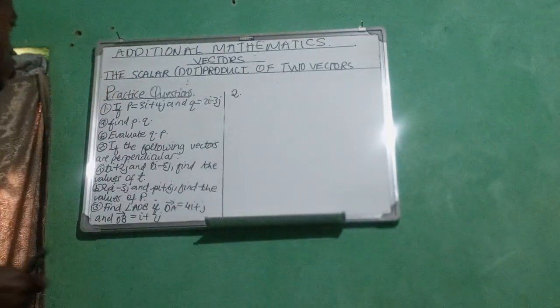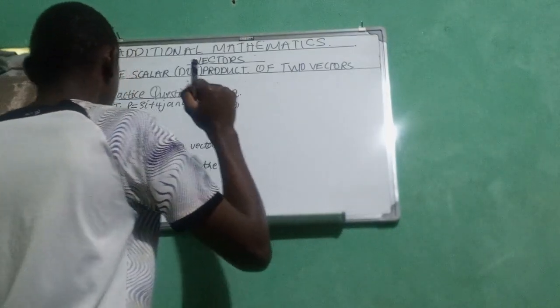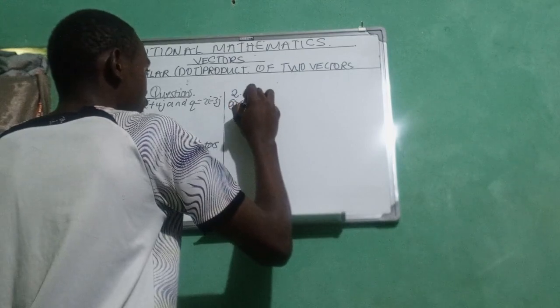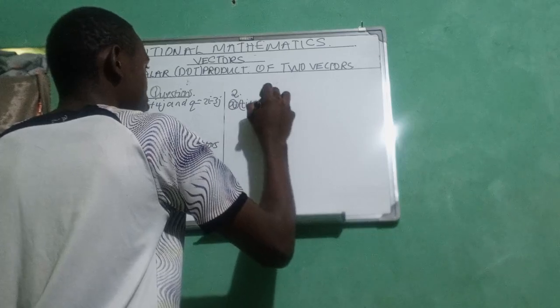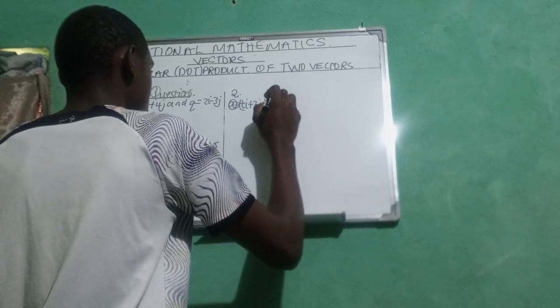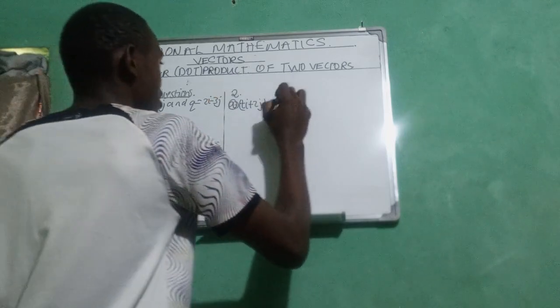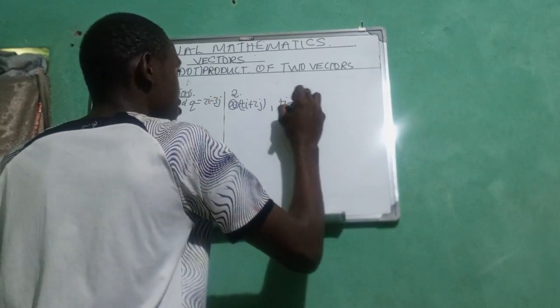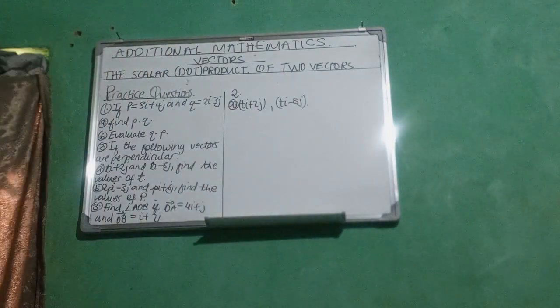Question 2 is the one that we are answering. Question 2a, which is ti plus 2j and ti minus 8j. So these are the two vectors that we have, and they are saying that they are perpendicular.